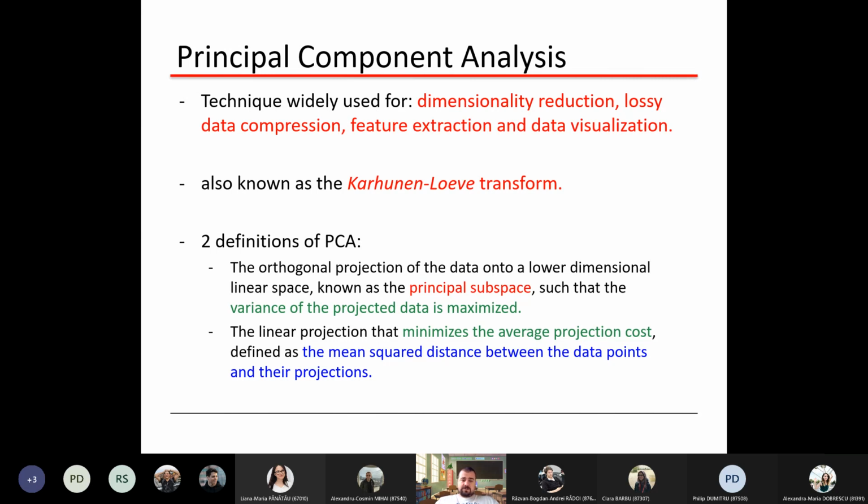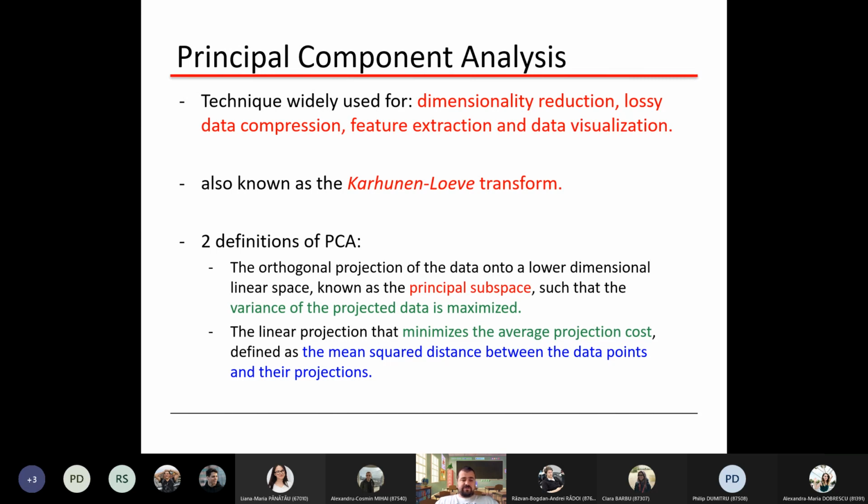And since two different groups of researchers ended up with PCA, there are two different definitions of PCA. We'll present the definitions, and then we will consider each of them separately.